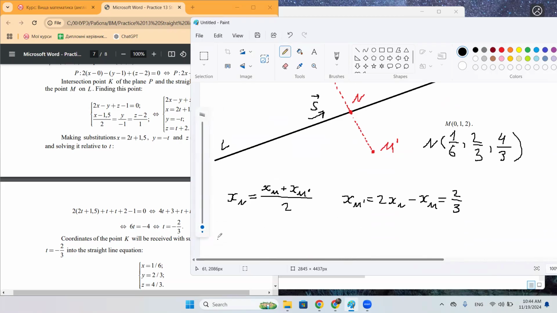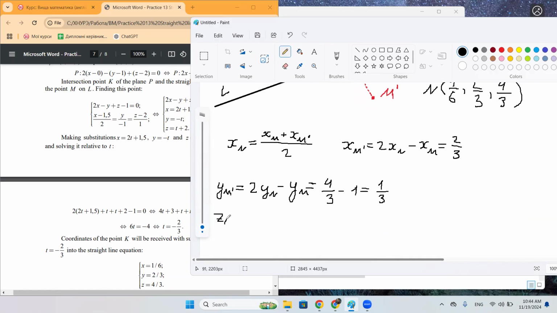So y M prime analogically equals 2 y N minus y M. So 4/3 minus 1, so 1/3.